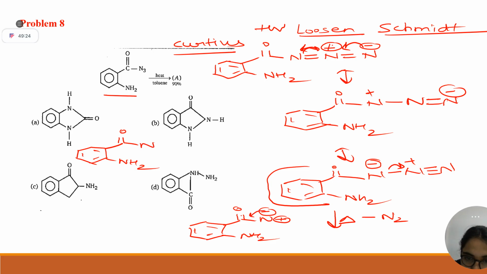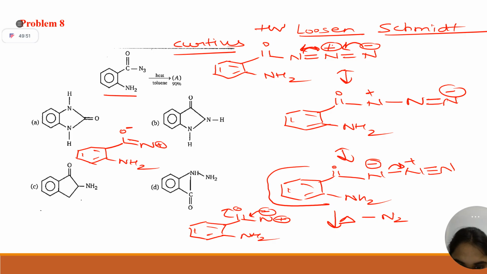This negative charge will go there. Formally it is having positive charge, so it will be N double bond C. Partially, students, this nitrogen is having positive charge, right?